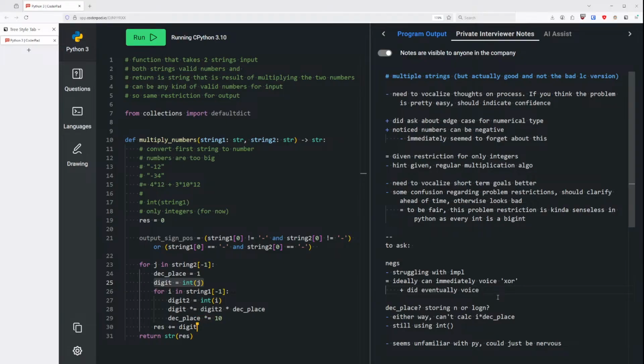And then at the end, let's do that at the end. Say res, if sign equals -1.